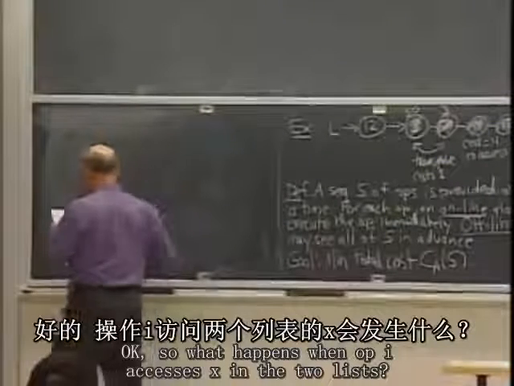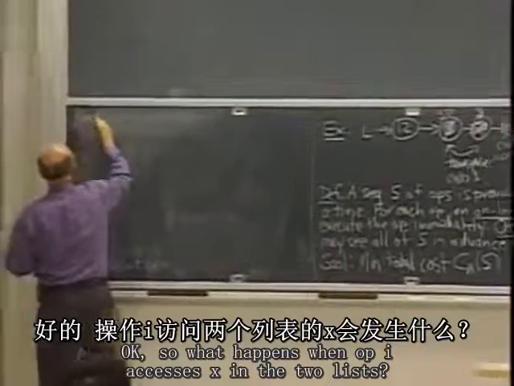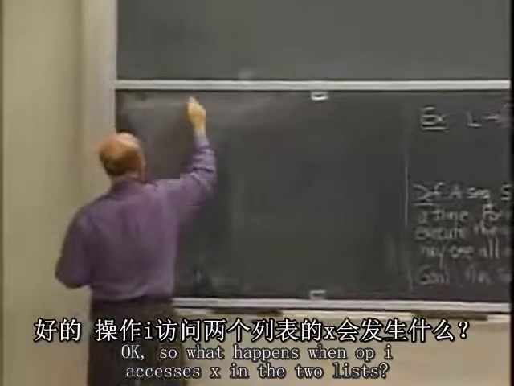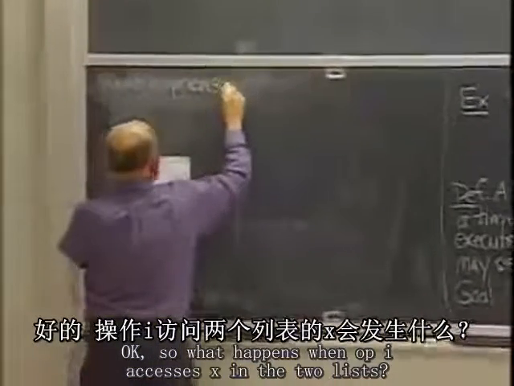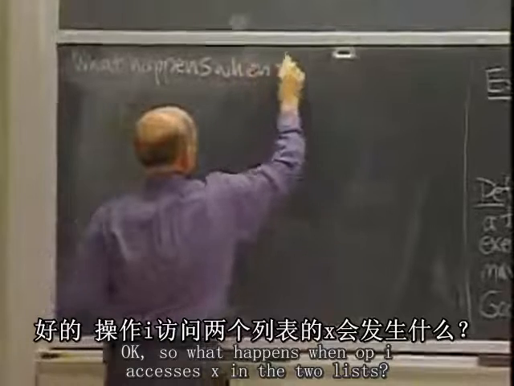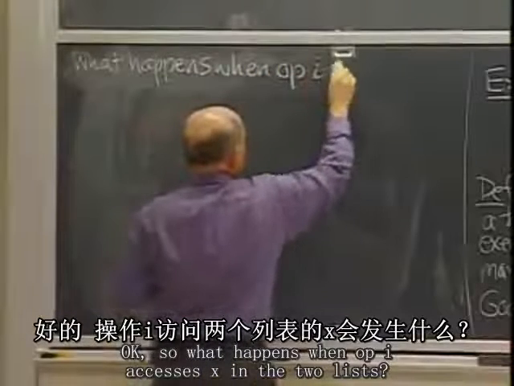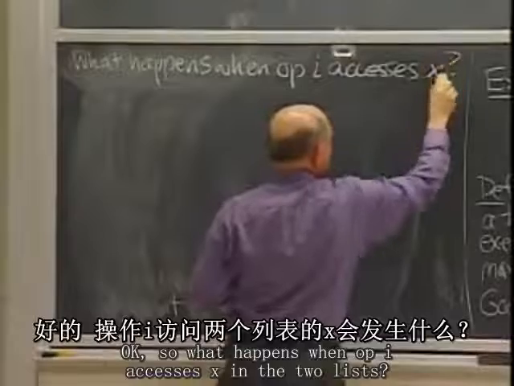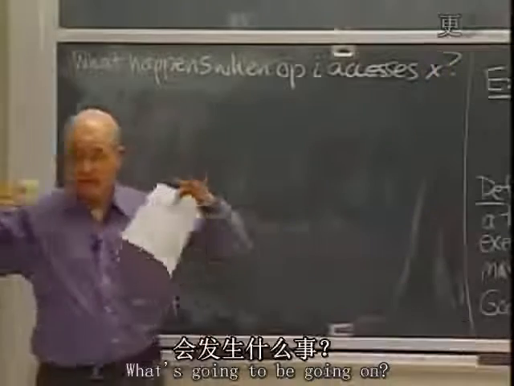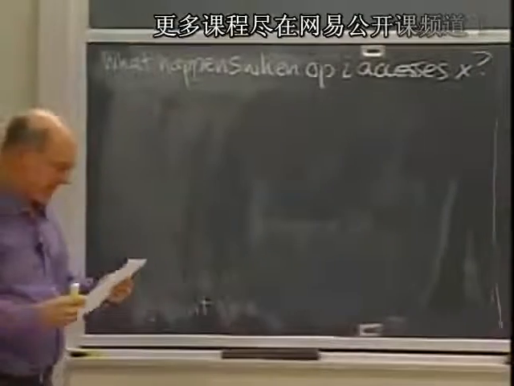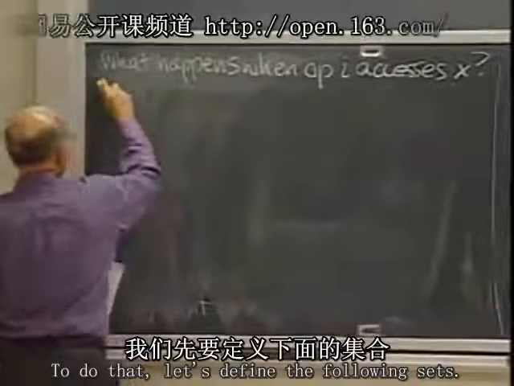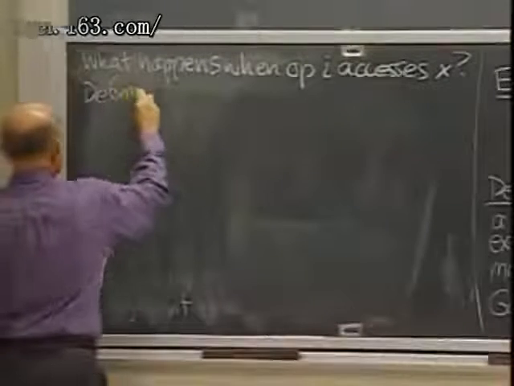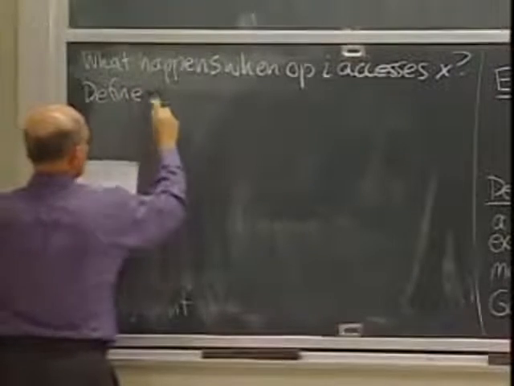What happens when op_i accesses x in the two lists? What's going to be going on? To do that, let's define the following sets.